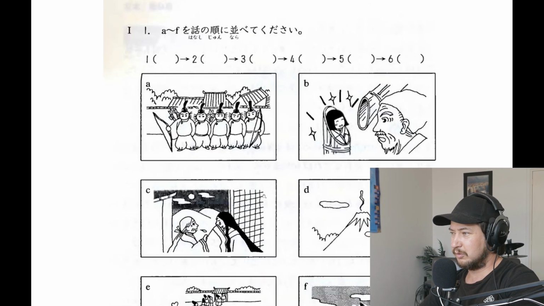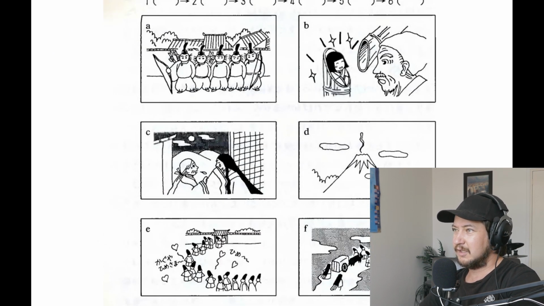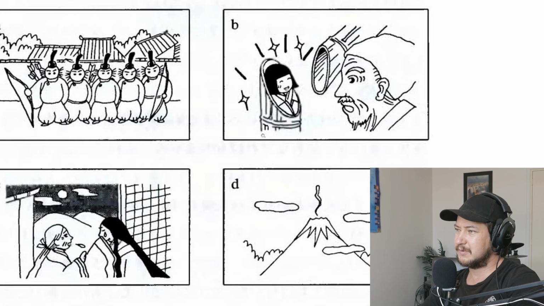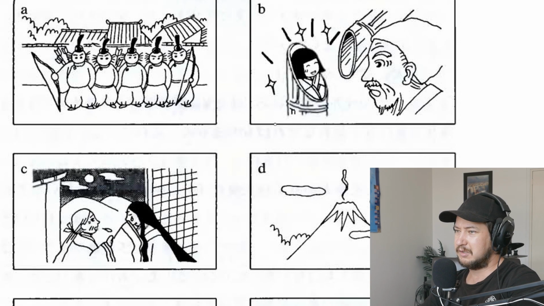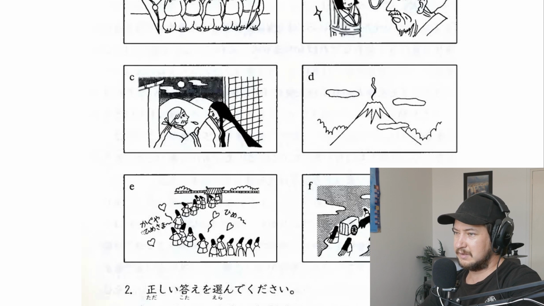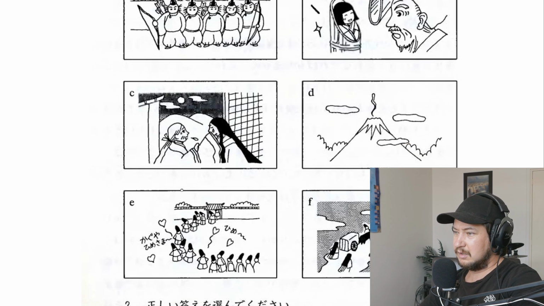Alright, so the order was, let's say B. First, the old man found a baby inside the bamboo and there was light around it. So that's number 1. And then Kaguya Hime-sama. And then, I guess, there were all these people who came to see the princess.